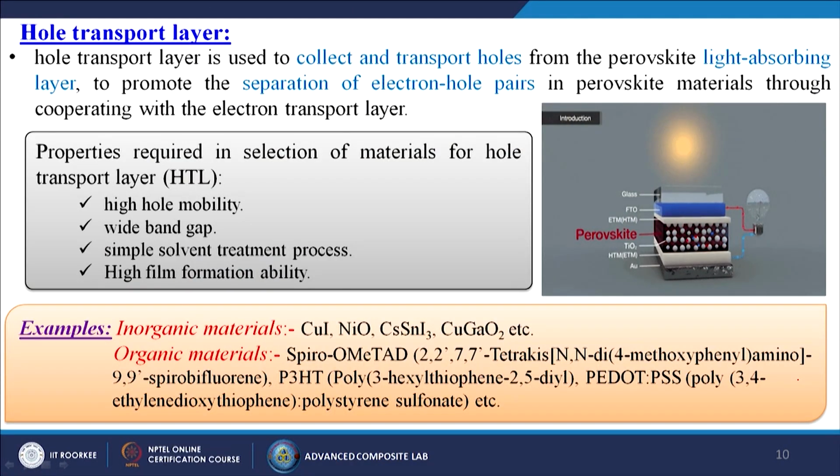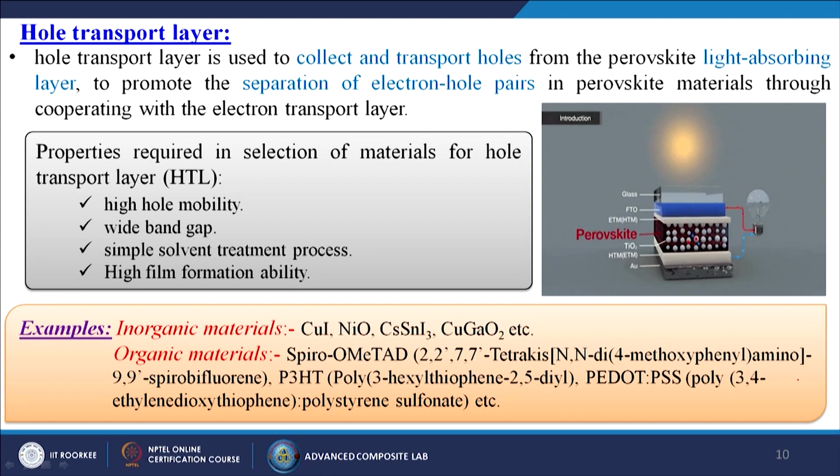Now, the hole transport layer is used to collect and transport holes, as I told already, from the perovskite light absorbing layer, to promote the separation of electron hole pairs in perovskite materials by cooperating with the electron transport layer. Properties required in selection of materials for the hole transport layer, HTL: high hole mobility, wide band gap, simple solvent treatment process, and high film formation ability.